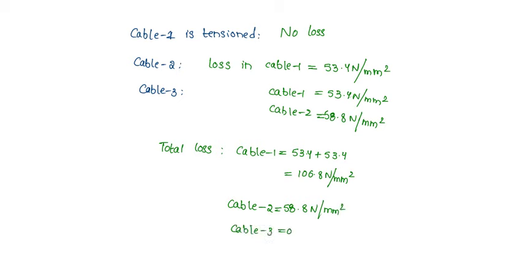Then percentage loss will be 106.8 by the initial post-tensioning stress 1200, into 100 to convert it into percentage, so this will be equal to 8.9%, whereas here it is 58.8 by 1200 into 100, that is equal to 4.9%, and in cable 3 it is 0%.